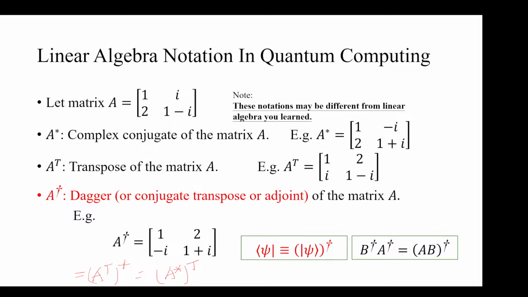So if we already have a ket psi defined, then we also have bra psi defined as the dagger of ket psi. For example, if our ket psi equals the vector 1, i, then our bra psi equals its transpose, so it becomes a row vector, 1 and something. It should become i, but you also do complex conjugation, so this i becomes minus i. So we define bra psi as the dagger, or conjugate transpose, of our ket.